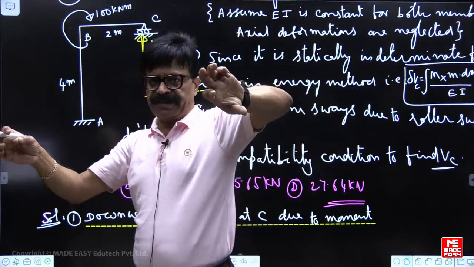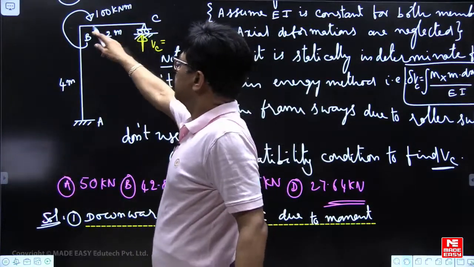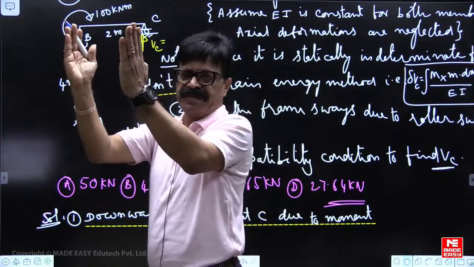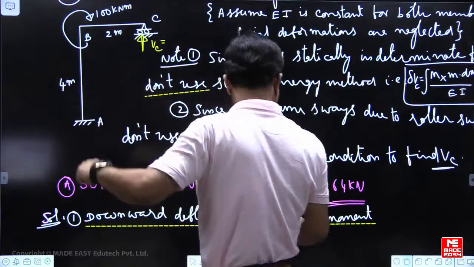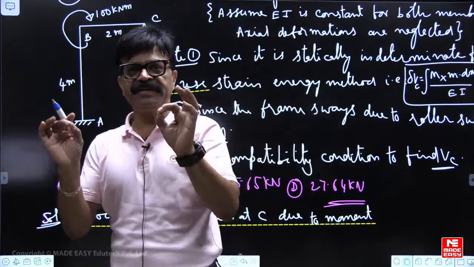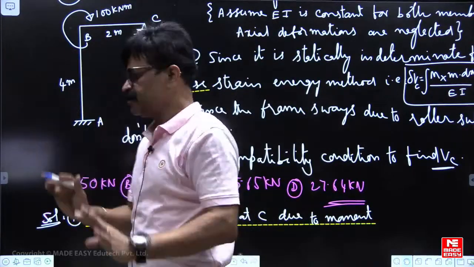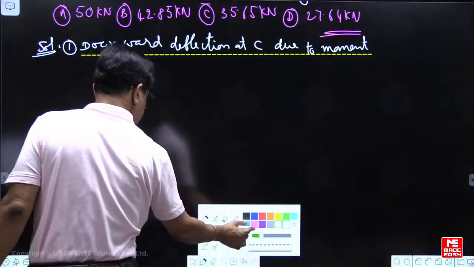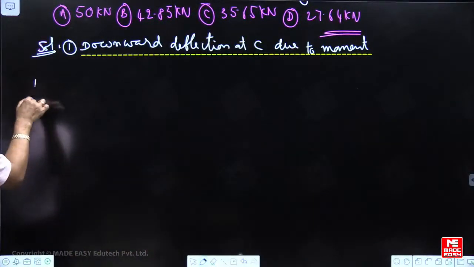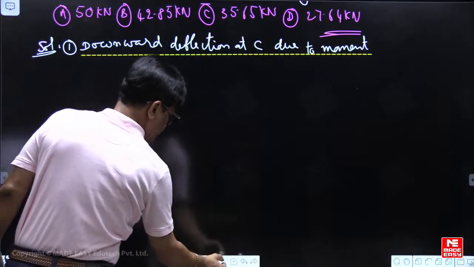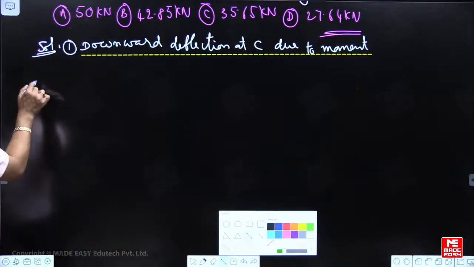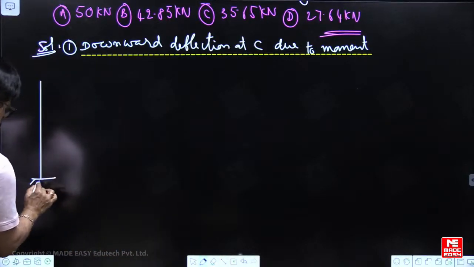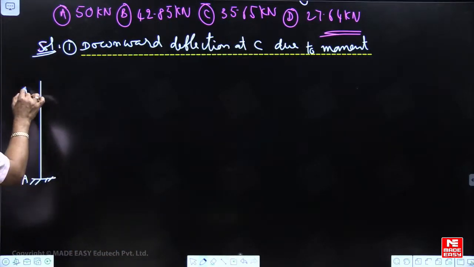When you apply moment, BC member will not take any moment at all. In the member BC, due to your 100 kilonewton meter, moment at B in the member BC is 0. So you have to take only one member, this one, AB.